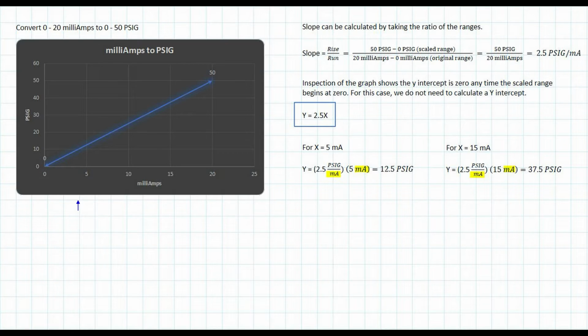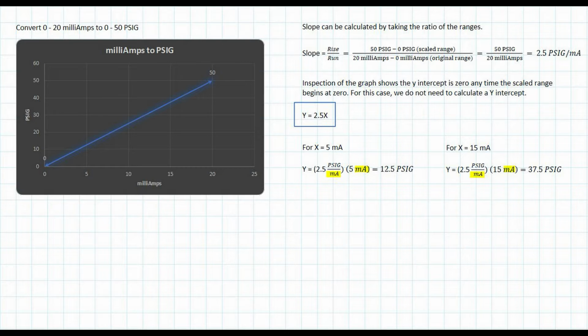As I mentioned before, this example has a y-intercept of 0, which we can plainly see on the graph. This gives us a final equation of y equals 2.5x, so let's plug in some numbers and see what kind of results we get. For an x value of 5 milliamps, we have y equals 2.5 times 5, which is equal to 12.5.